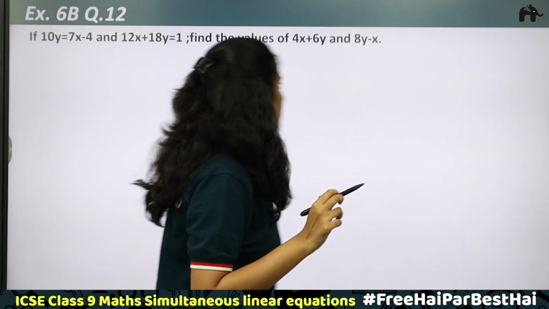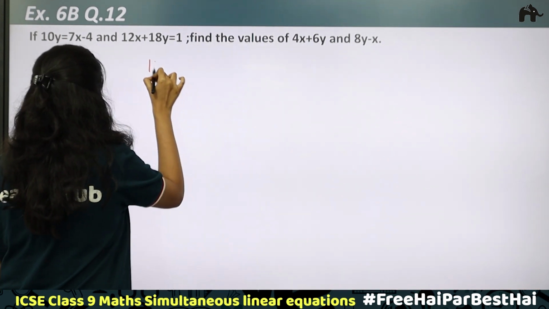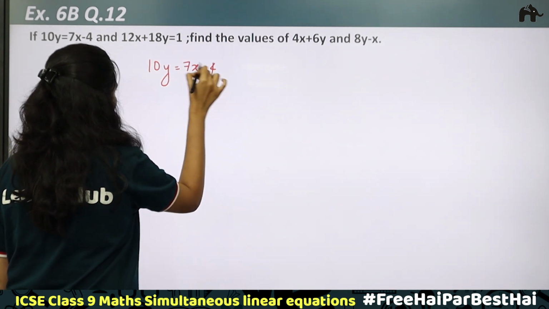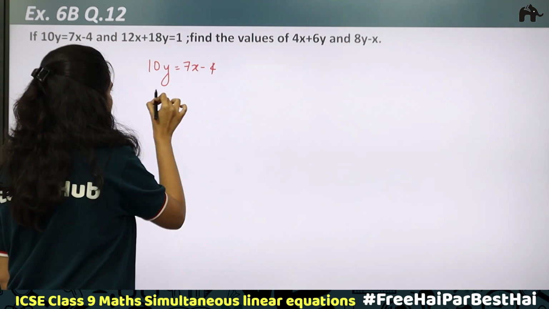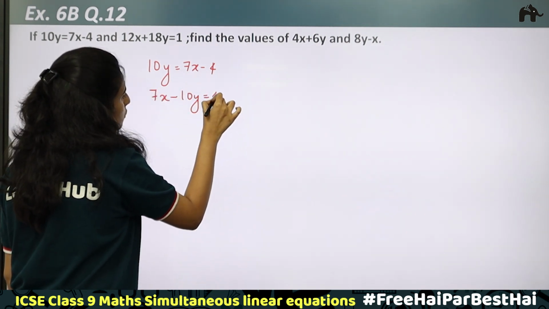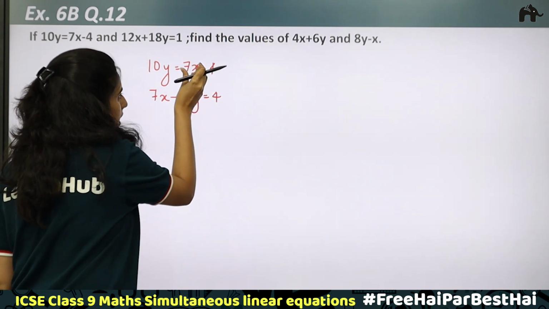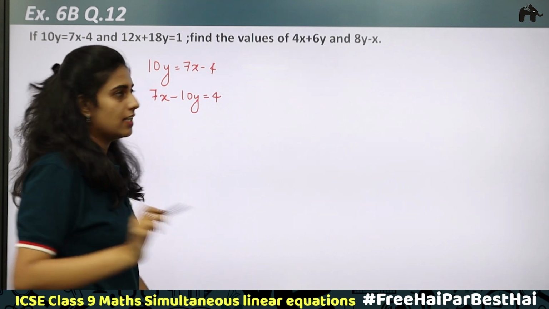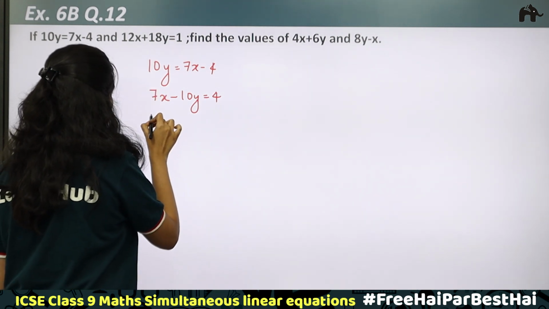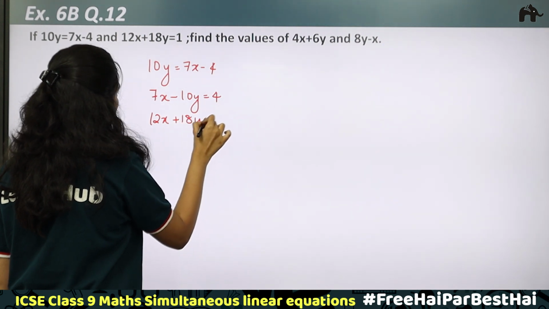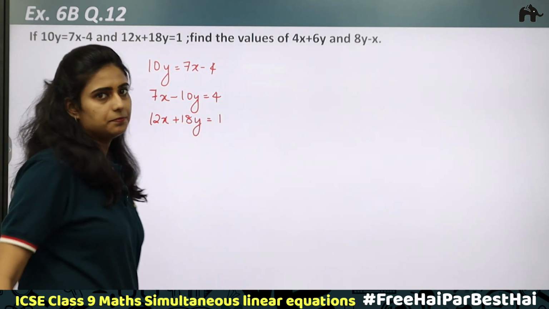So, here we have 10y is equal to 7x minus 4, or this can be written as 7x minus 10y is equal to 4. That is, the variable-containing terms you are taking on one side and the constant on the other side. So, this is the first equation. Second equation, 12x plus 18y is equal to 1.